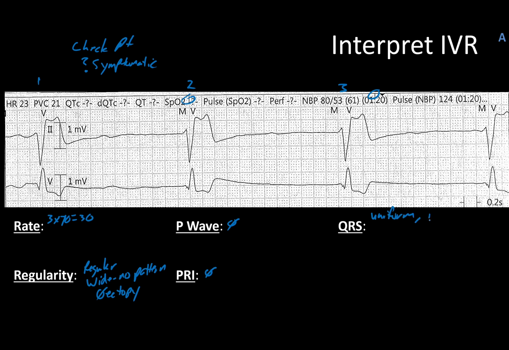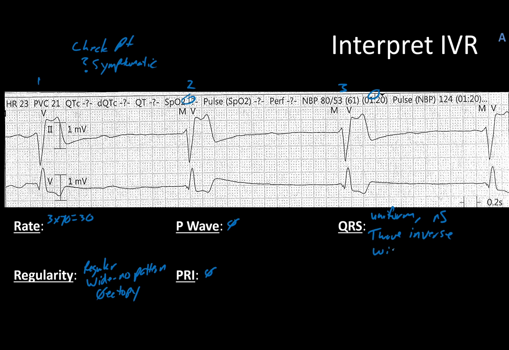They have an RS pattern to them. I'm actually going to make that a lowercase r. RS pattern. T-wave is inverted.